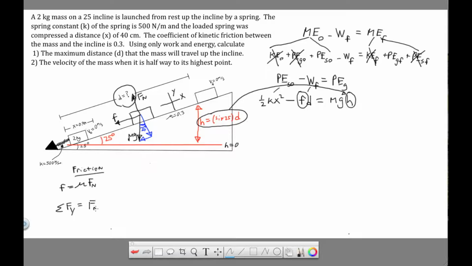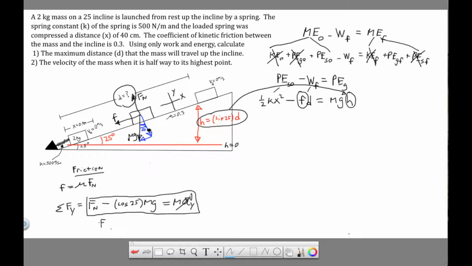We have normal force pointing perfectly in the y, and then the y component of mg is this guy right here, and that's going to be cosine 25 times mg. Sum of the forces always equals ma, or that's a y acceleration. And we do not have a y acceleration because the acceleration of the block is on the incline, which is the x. So perpendicular to the incline, there's no motion.